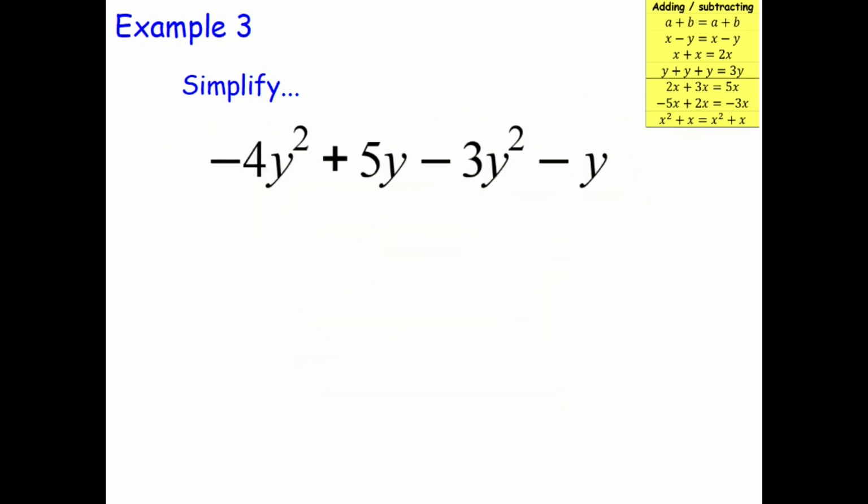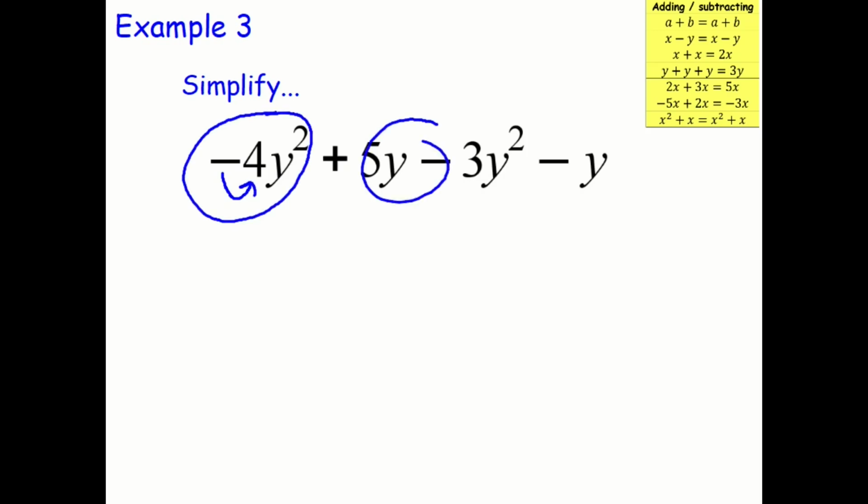Example number 3, minus 4y squared plus 5y minus 3y squared minus y. Okay, so what are my like terms? Well, I've got a y squared here and a y squared here. Note where I'm putting the circles. I talked about this in the first video. So you put the circles around the number that is immediately to the right of that sign. So that sign belongs to that 4y squared.